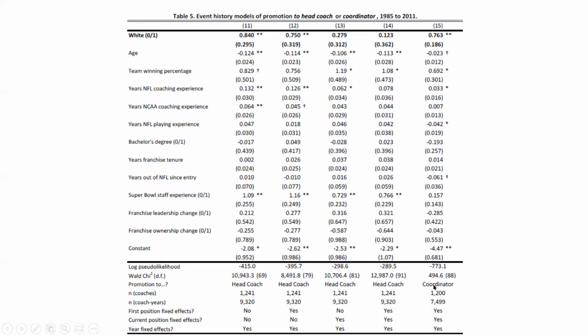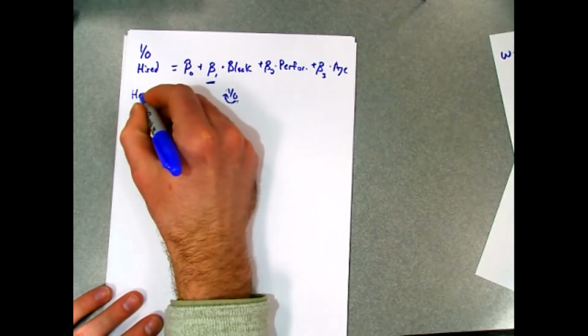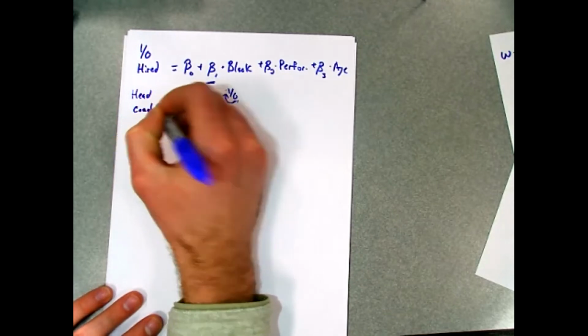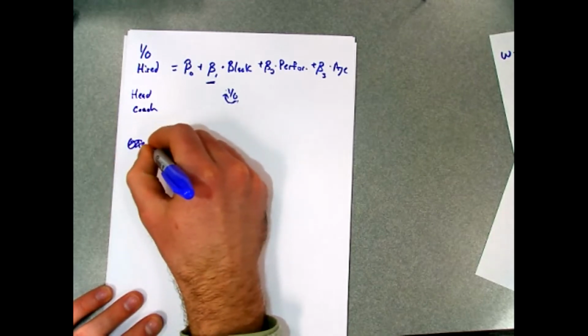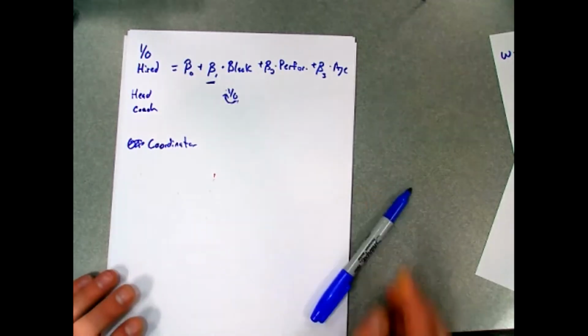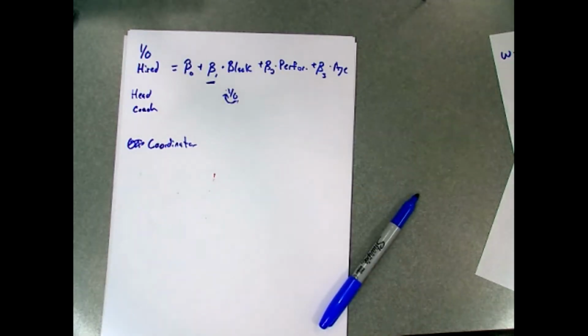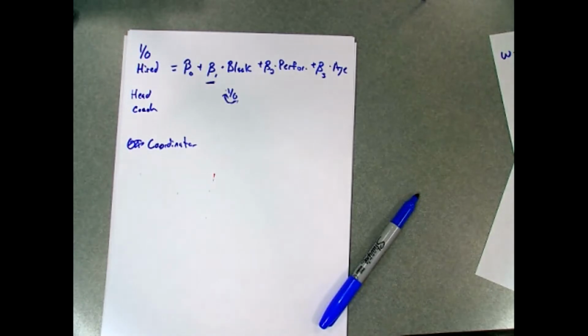Problem is, if we then change our dependent variable, so I said earlier it was hired. Up to this point, we've been thinking about it as hired as a head coach. Now let's change that. It was just simply, was I hired as an offensive or defensive coordinator? And if I know that offensive and defensive coordinators are more likely to be hired as head coaches, then it would make sense that if I see discrimination going on at this level, it would impact how many black head coaches I see when I'm just looking at the numbers.